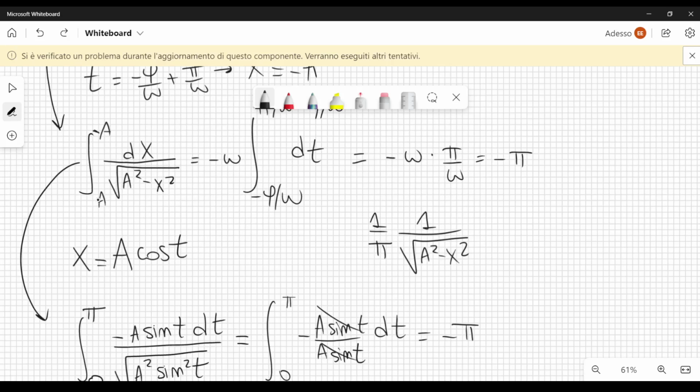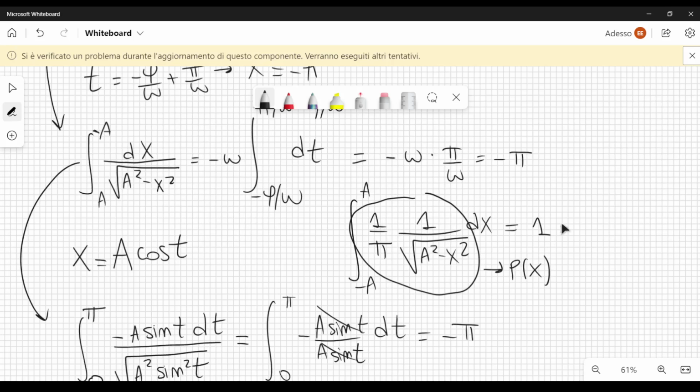Instead of going from A to minus A, we should consider from minus A to A. So we are going to consider this function, and when we integrate it from minus A to A, over the whole interval, this will be equal to 1. And this is none other than the probability density p of x.